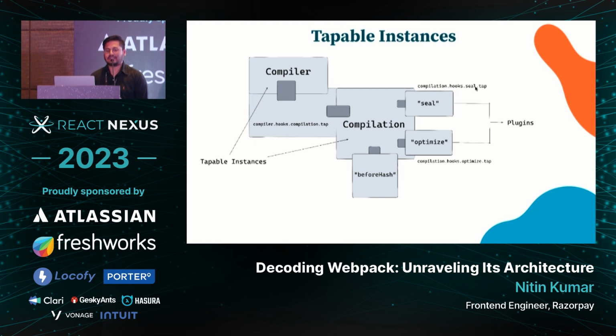For example, seal, which is run after the compilation is finished, or the optimize hook, which is run just when the optimization of assets is starting, or before hash. Before hash, as the name suggests, will run before the hashing of the assets starts. So these are the hooks that are exposed to plugin authors.